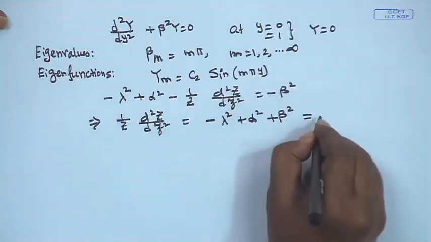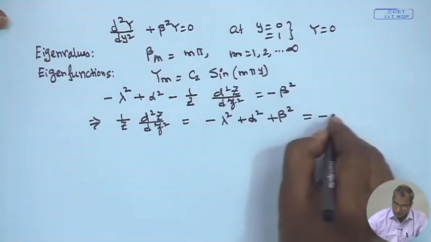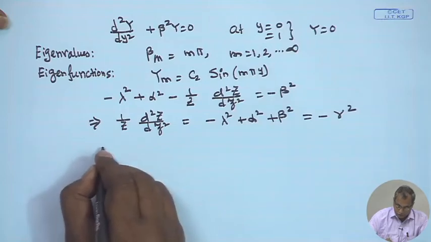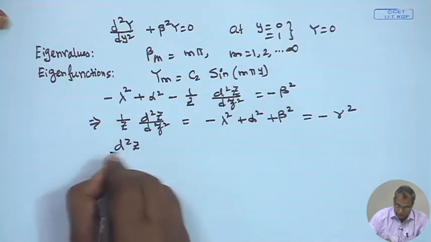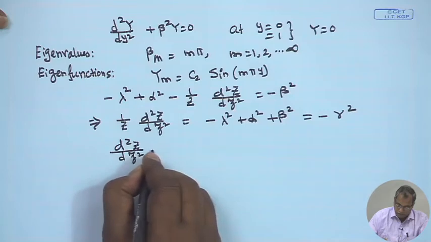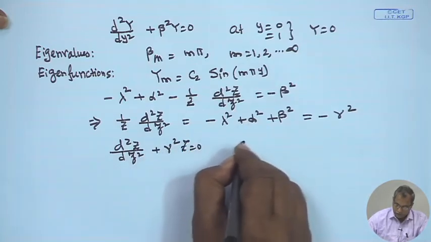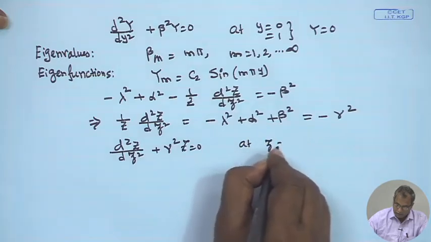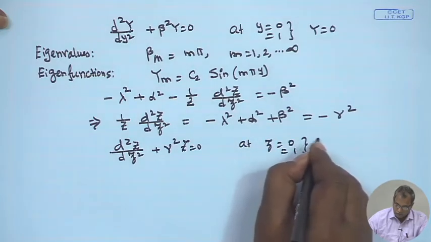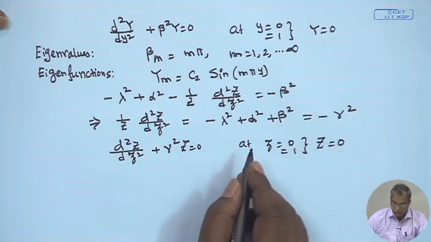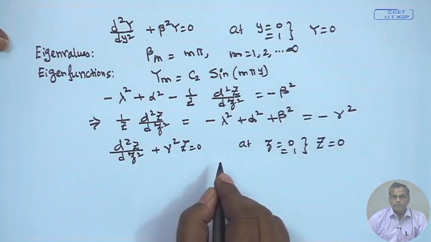So, this constant must be equal to minus gamma square. So, we will be having d square Z by dz square plus gamma square Z will be equal to 0, subject to the boundary condition at z equal to 0 and 1. We have capital Z equal to 0, and we know the solution of this. The solutions will be p pi, where index p runs from 1 to infinity, and the eigenfunctions are sine functions.